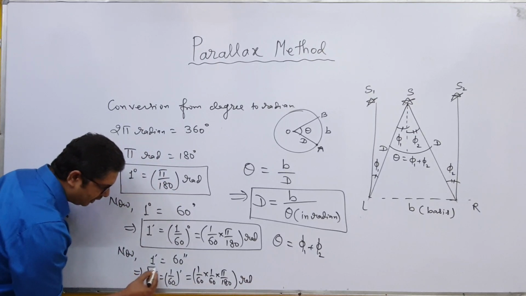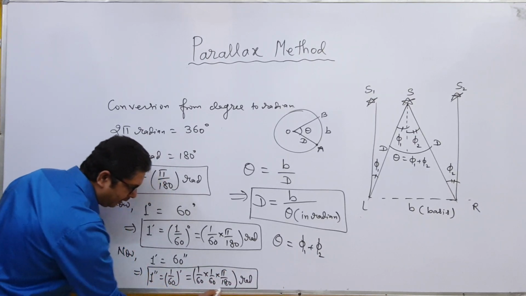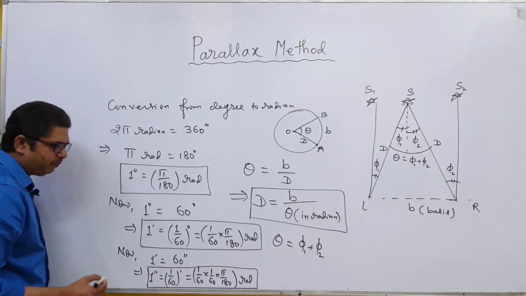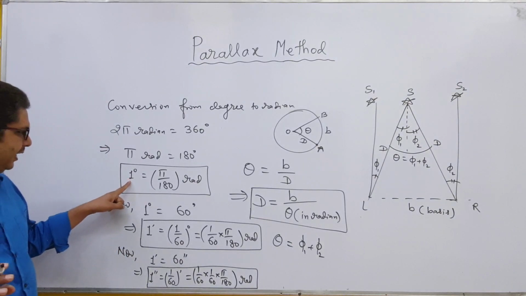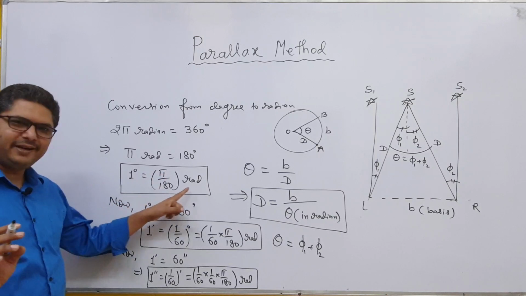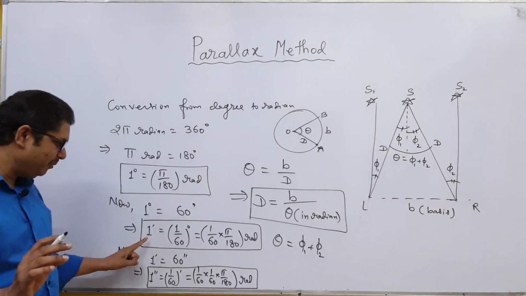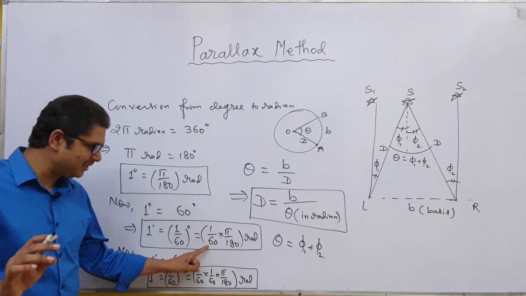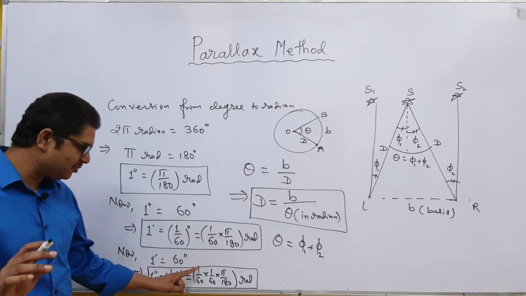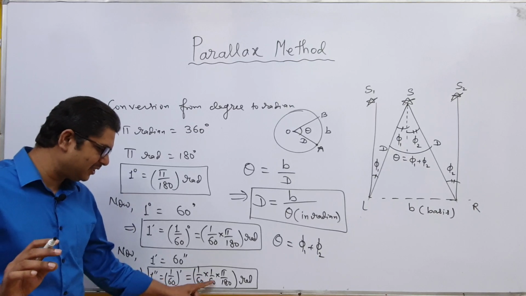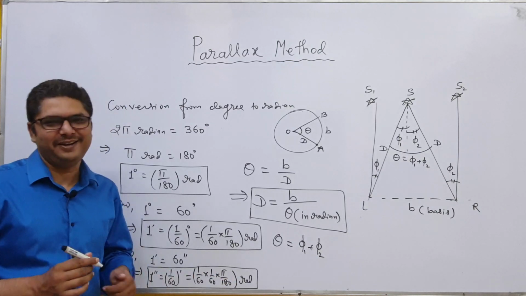So this helps you in solving the numerical based on the parallax method. Here you are saying that 1 degree equals pi by 180 radian, 1 minute equals 1 by 60 into pi by 180 radian, 1 second equals 1 by 60 into 1 by 60 into pi by 180 radian.